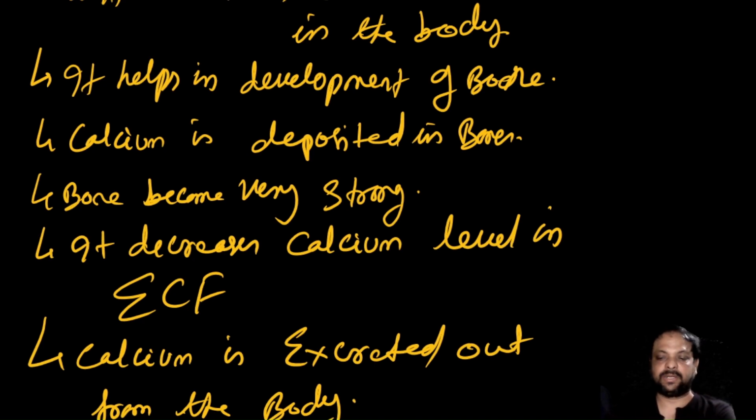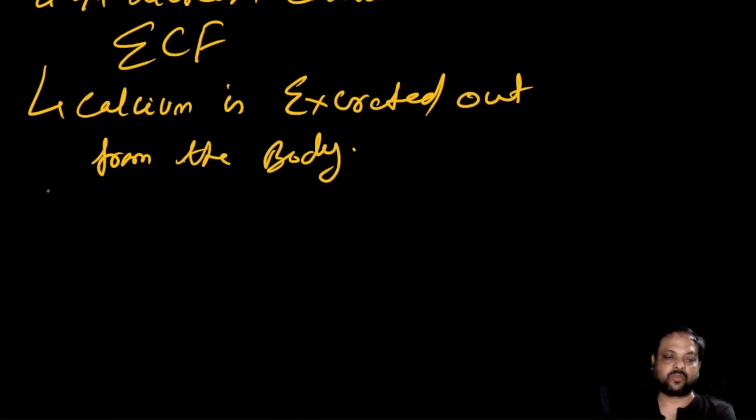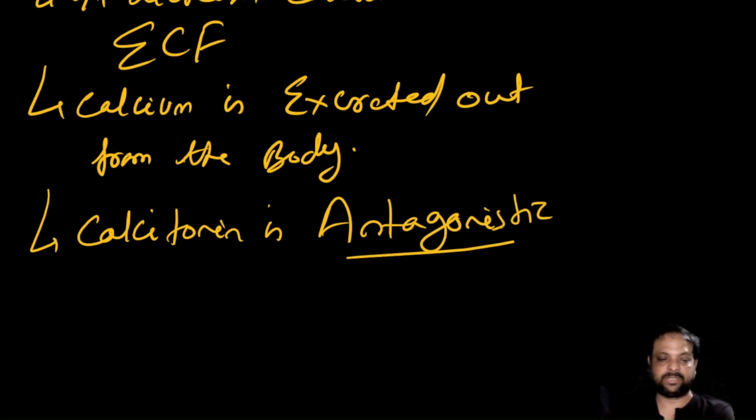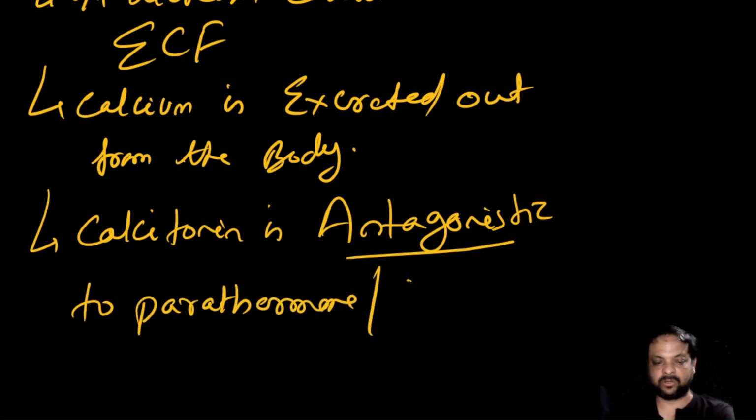And this particular hormone has an antagonistic role with Collip's hormone, or parathormone. So calcitonin is antagonistic, meaning opposite, to parathormone, or Collip's hormone.